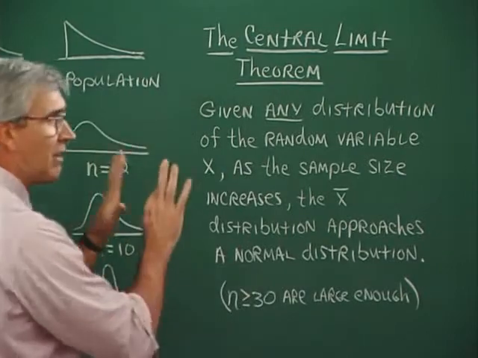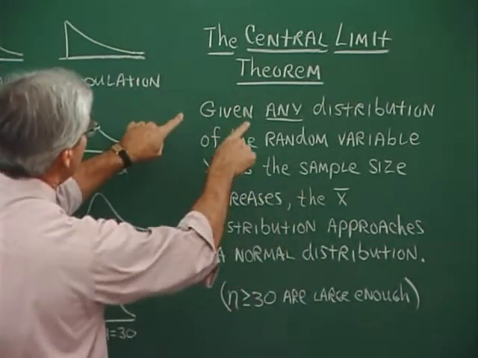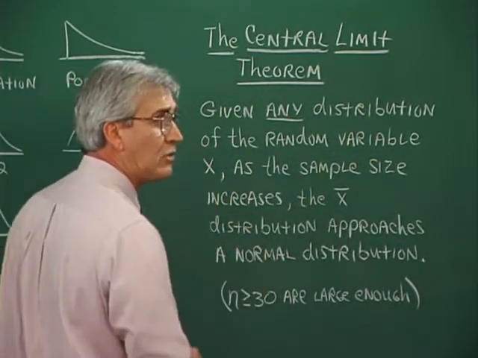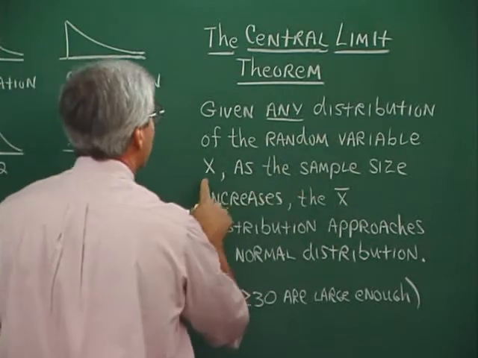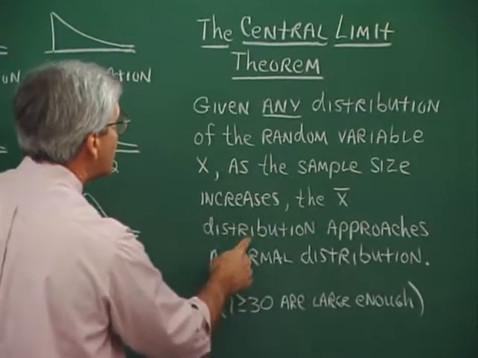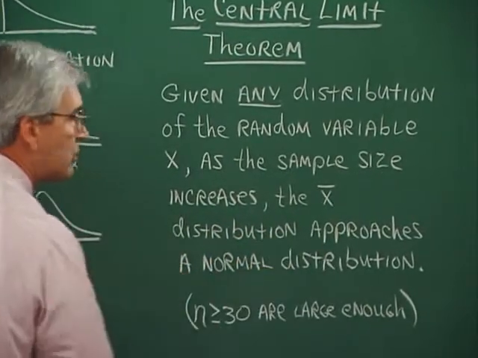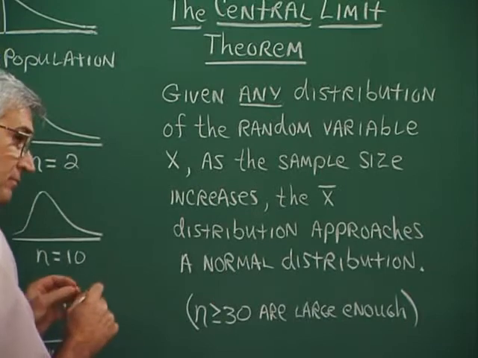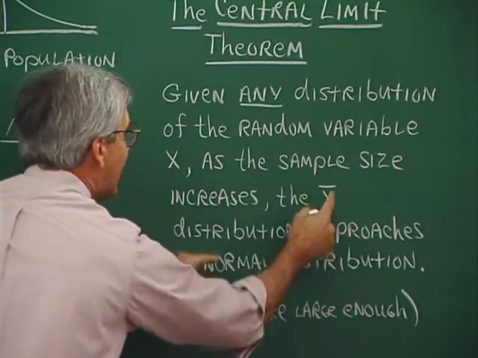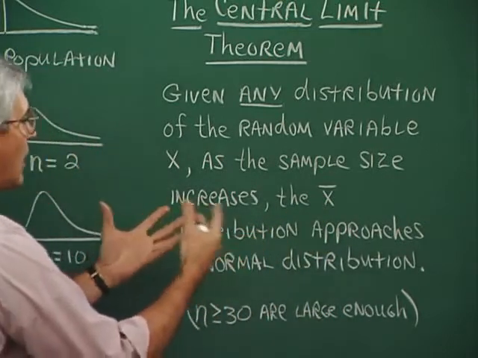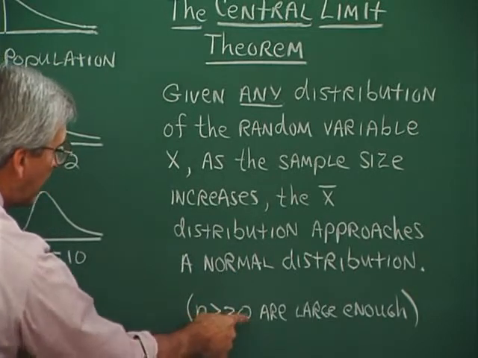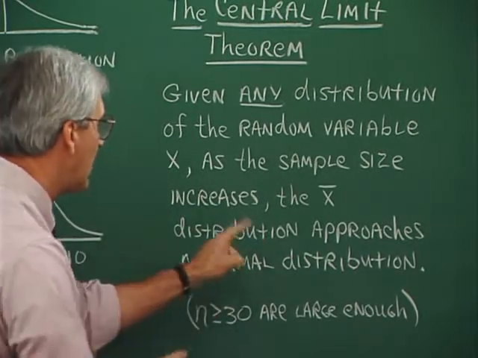The central limit theorem: given any distribution of the random variable x, no matter how skewed, as the sample size increases, the x bar distribution approaches a normal distribution. And this normal distribution of the x bar values is accomplished when n is greater than or equal to 30. So an n greater than or equal to 30 is large enough to accomplish this idea.